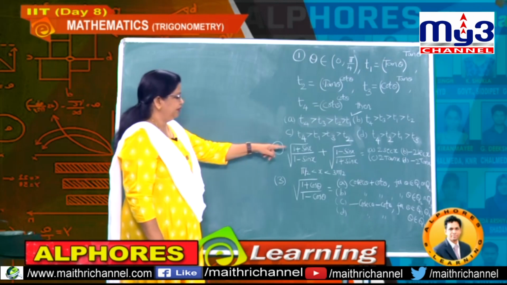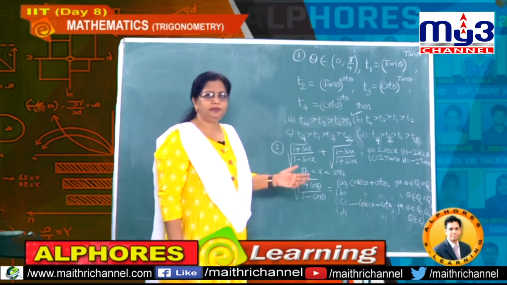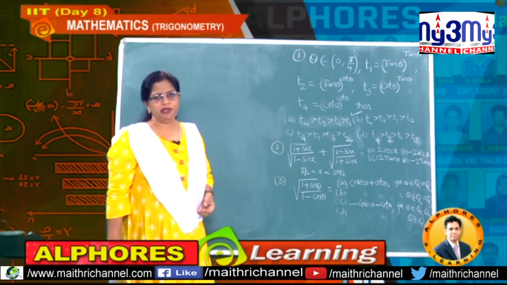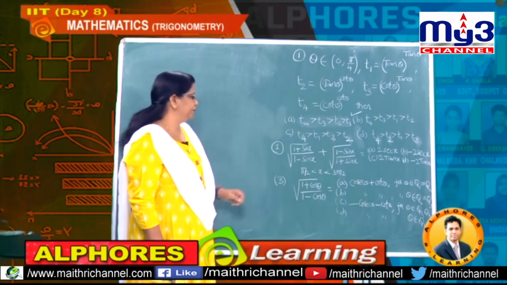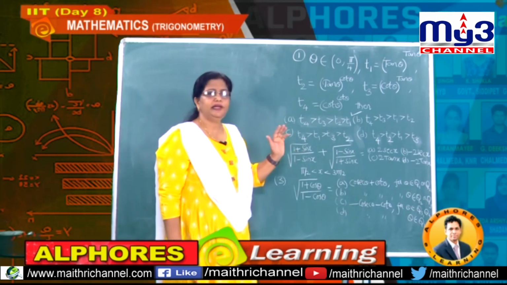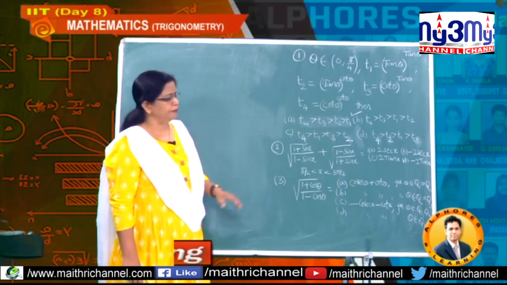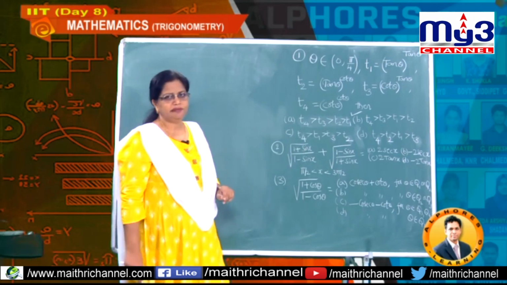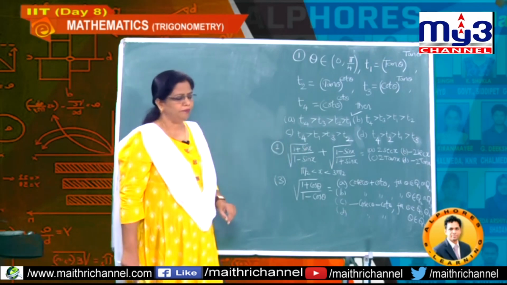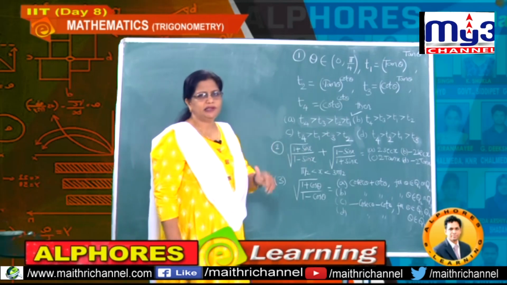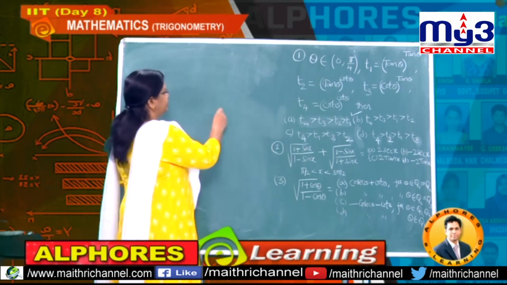Now we know the range of the sine function is always between minus 1 and plus 1. Therefore 1 plus sin x is always positive. When sin x is minus 1, it will be 0. And 1 minus sin x is also always positive. What is the reason?